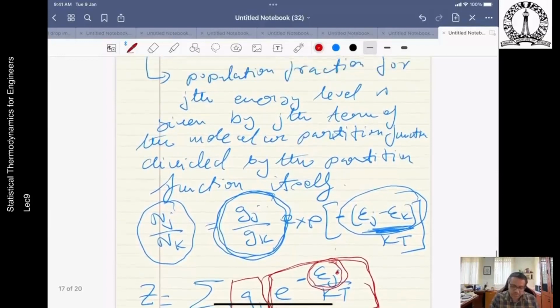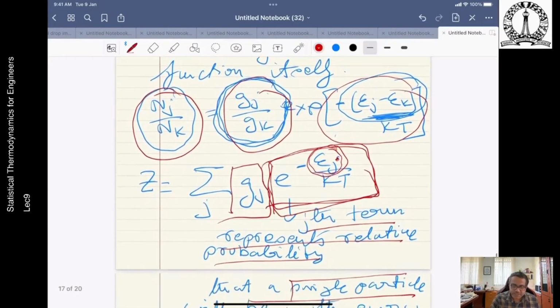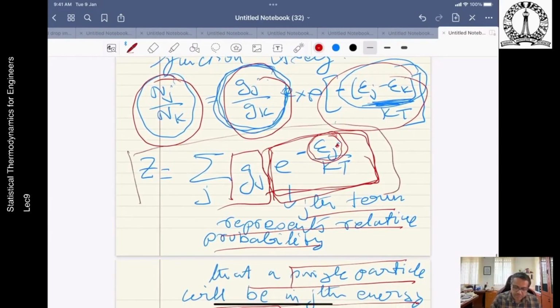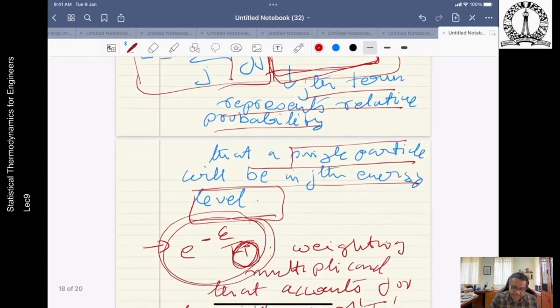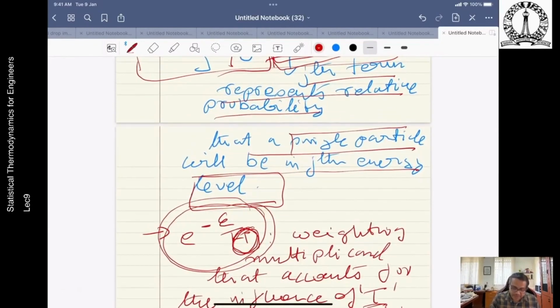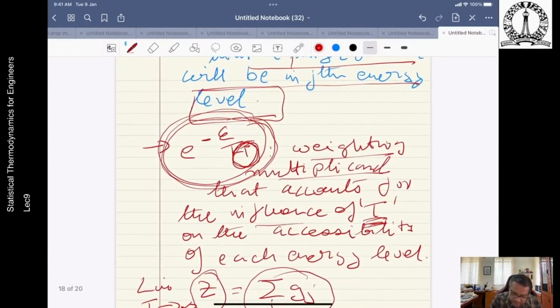Just to do a brief recap, this is the relative probability, which is given by the ratio of the degeneracy and this weighing fraction. This is the total molecular partition function, which represents the relative probability of a single particle being in the jth energy level. The exponential term is like a weighing multiplicand that accounts for the influence of temperature on the accessibility of each energy level.